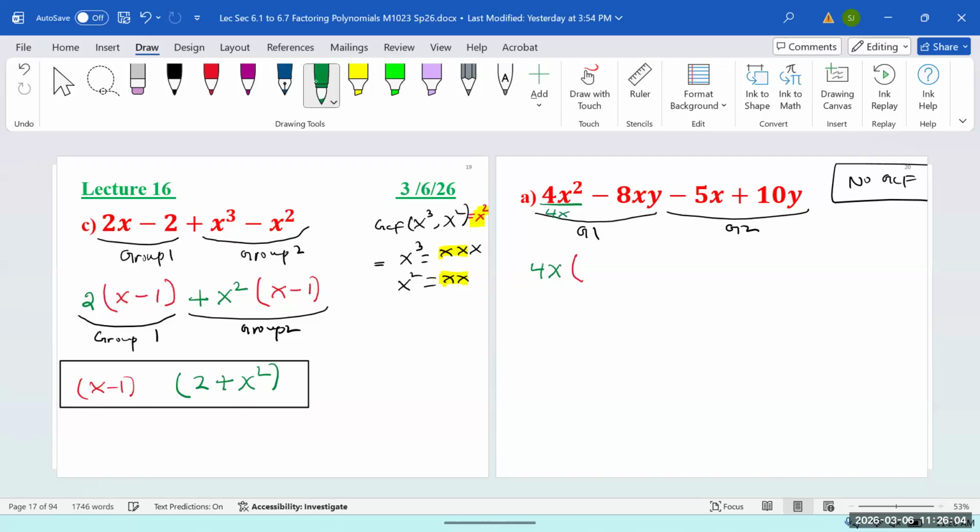So if you divide 4x squared by 4x, what is left in the first term? x to the 1. 4 cancels out, and 2 power minus 1 power gives you 1 power for the x. If you divide the second term by 4x, what is left? Good job, 2y.